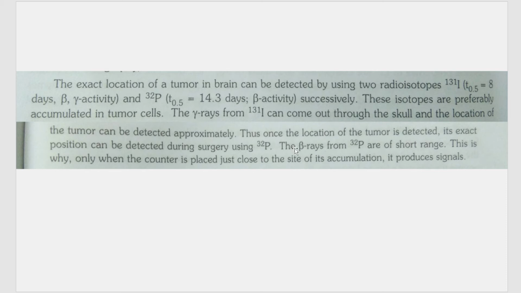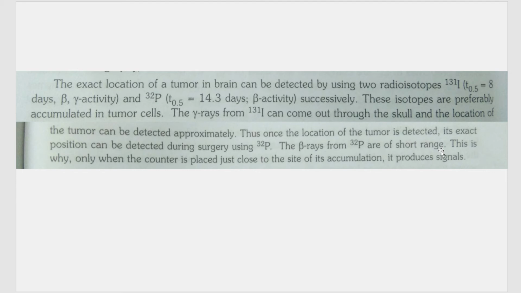Then during surgery, they use the phosphorus isotope. The beta rays coming from this isotope have a short range, and because of this short range, you can detect the exact position where the tumor is present.